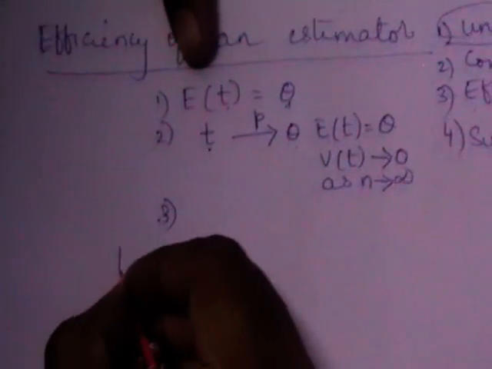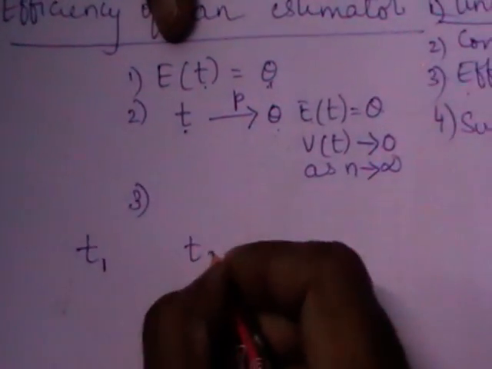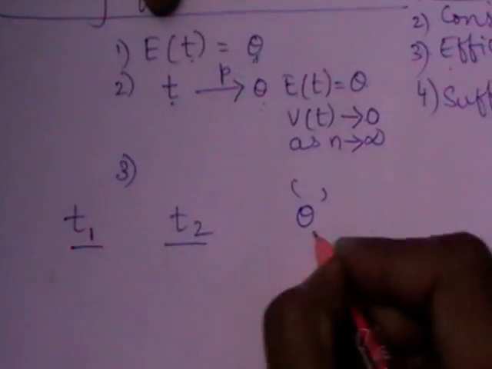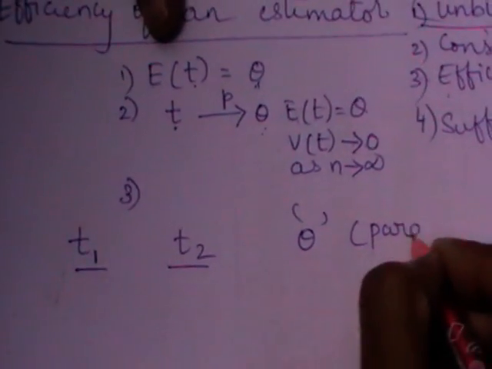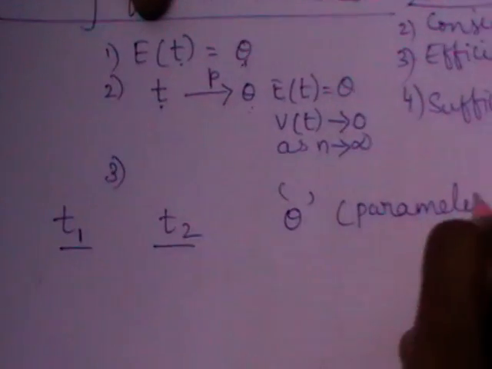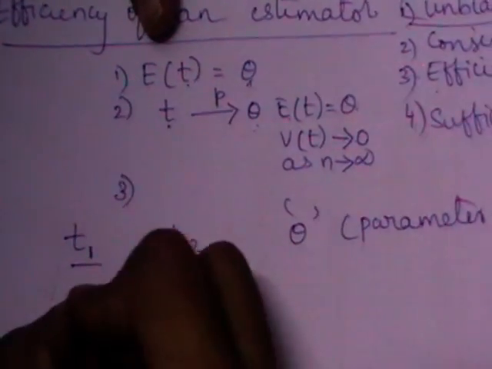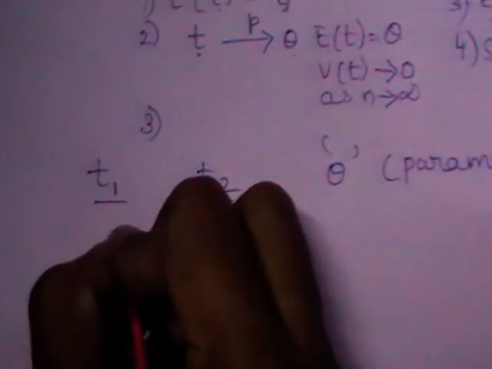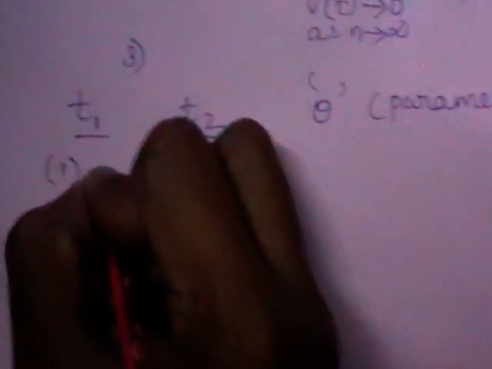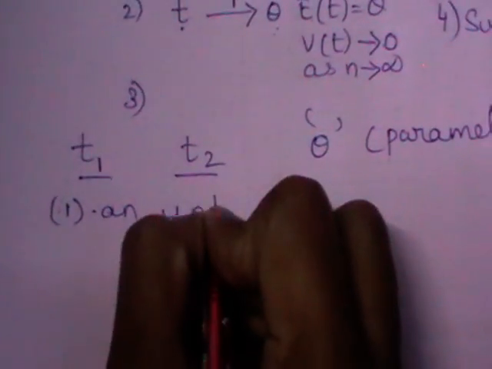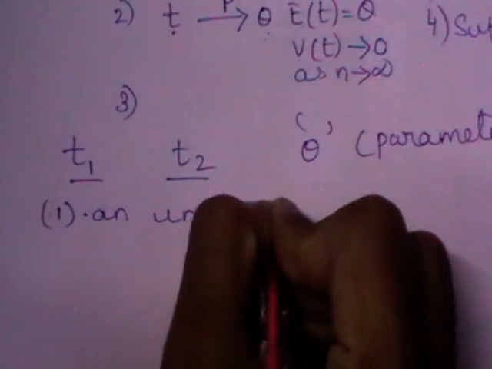Whenever you consider two estimators for theta, let us say you have two estimators T1 and T2 for the parameter theta. To call one of them an efficient estimator for theta, the first condition it should satisfy is that it should be an unbiased estimator of theta.